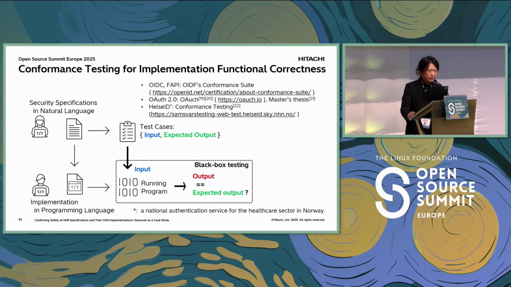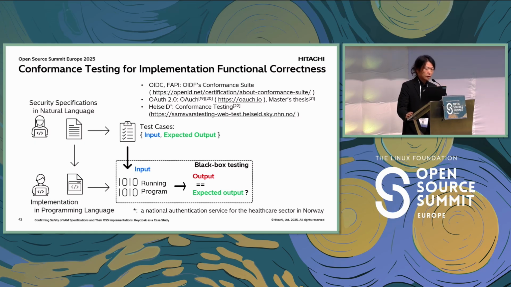And regarding OAuth 2.0, some research activities published a conformance suite named OAuch. And HelseID is a national authentication service for the healthcare industry in Norway. HelseID also publishes an official conformance test program suite.